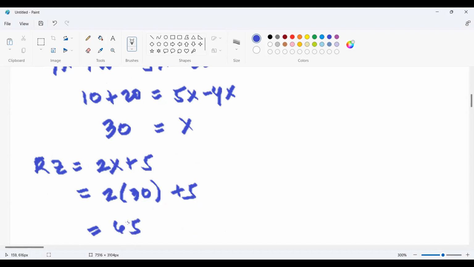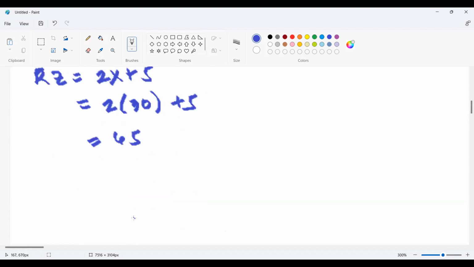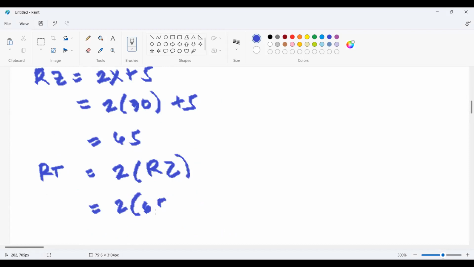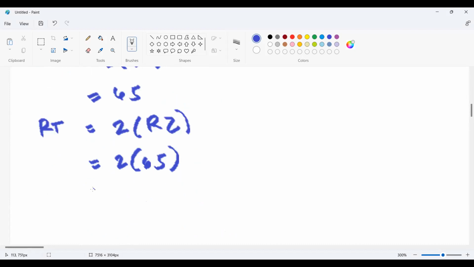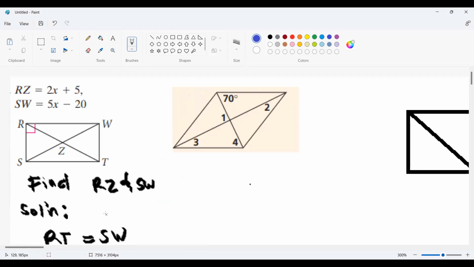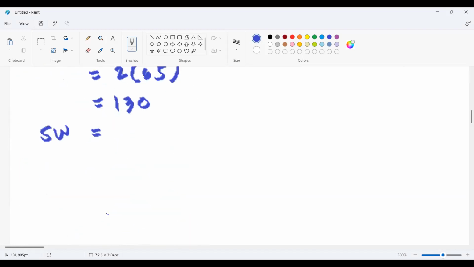As for RT, which is 2 times RZ, 2 times 65 is 130. RT is 130. But how about SW? SW is 5x minus 20.